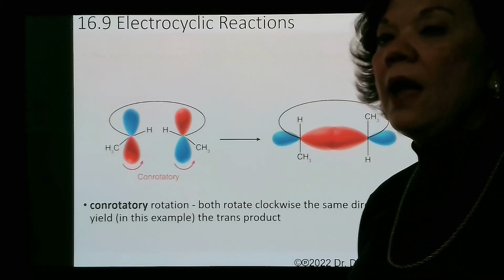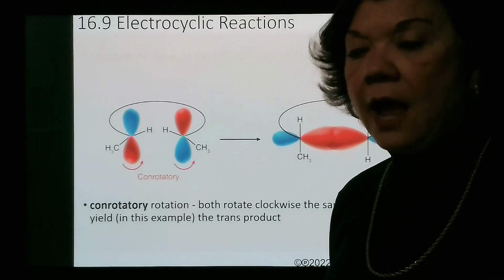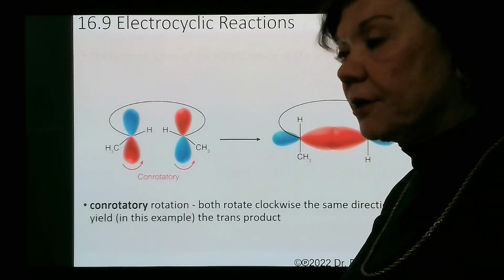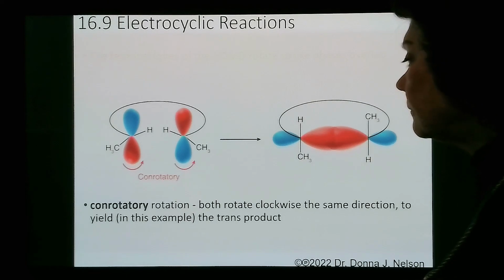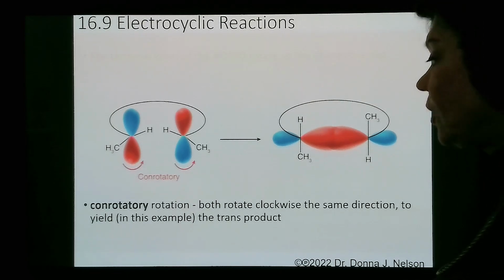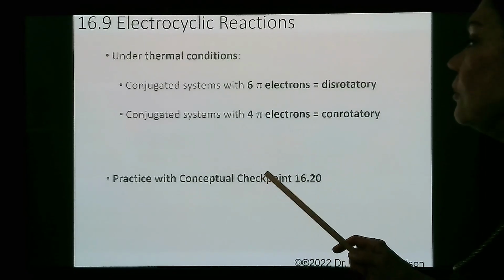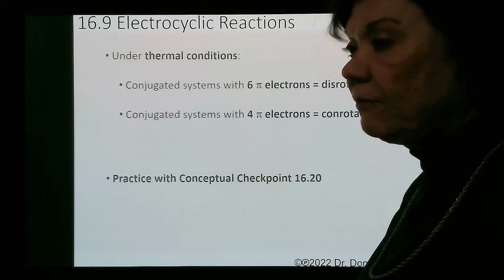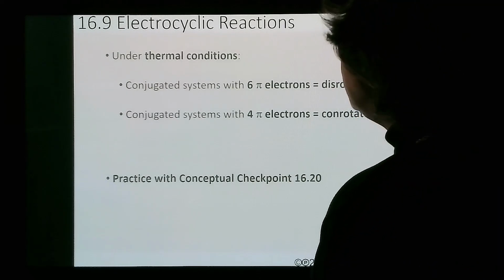So anytime that you have light added to the reaction conditions, it's going to reverse the stereochemistry of the product in these pericyclic reactions. So, under thermal conditions, the conjugated system with 6 pi electrons, and all of them that we've looked at so far have had 6 pi electrons, will be disrotatory.